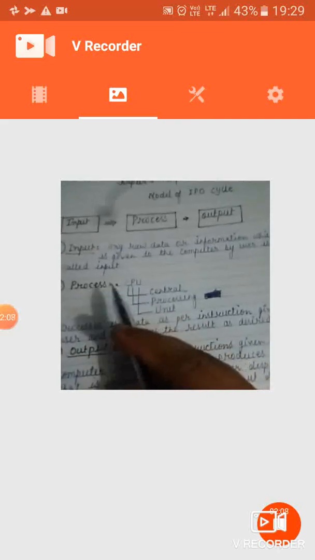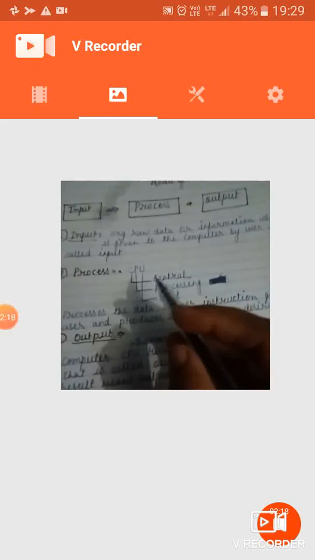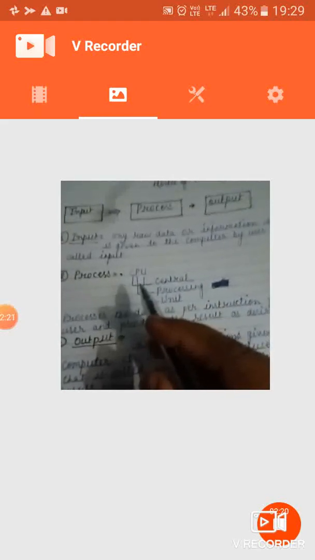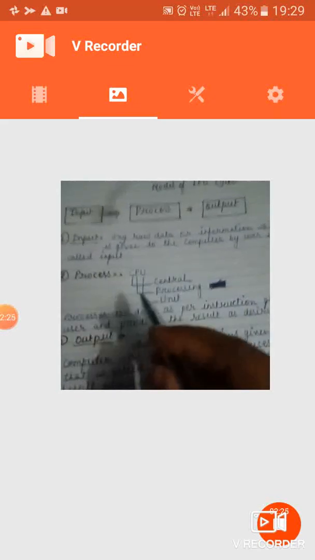Second step is process. Whatever instruction is given by the user to the computer, the CPU receives the data or information. CPU is known as the brain of a computer.